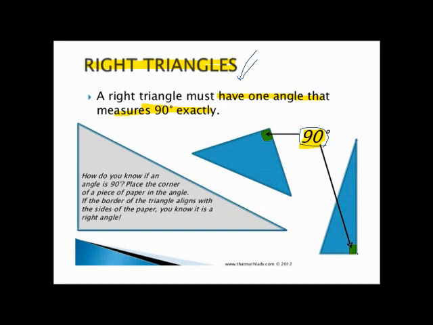You can find it measures exactly 90 on the protractor, from the 0 side to the 90 side. After you know it's a 90 degree angle, we will name it a right triangle.